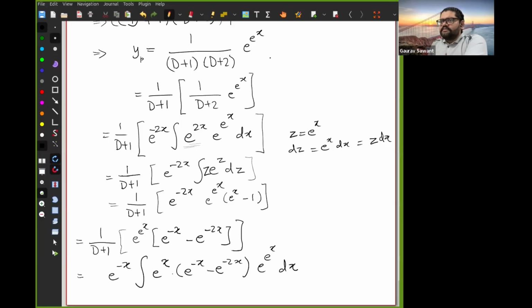So this has already simplified a lot. This just becomes 1 minus e power minus x, then e power x. Use the same substitution, z equal to e power x and so on, and then solve. So anyway, I will just leave this as an exercise.